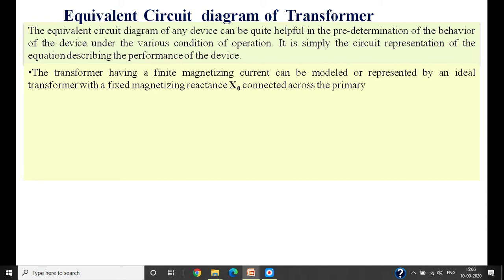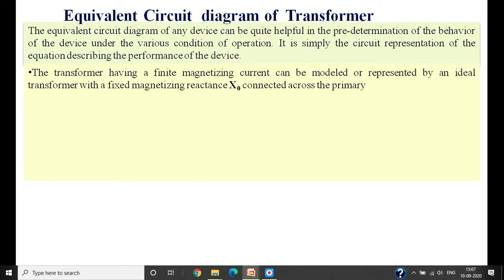The transformer having finite magnetizing current can be modeled or represented by an ideal transformer with a fixed magnetizing reactance X0 connected across the primary. We have seen in the previous sessions that when the transformer draws a current under no load condition, it has two components: one is I mu and the other is IW.